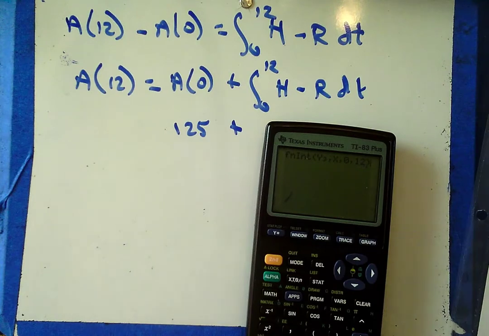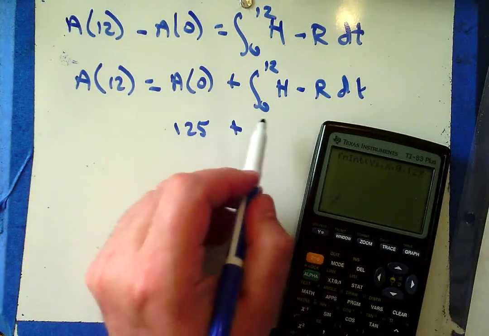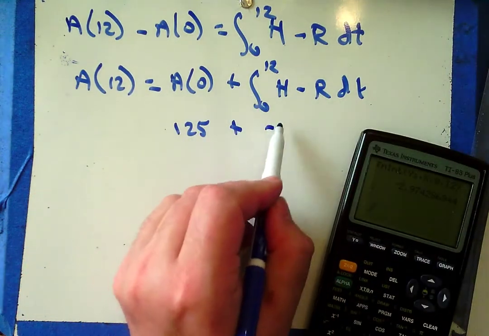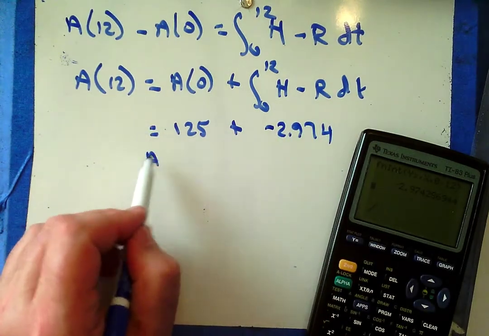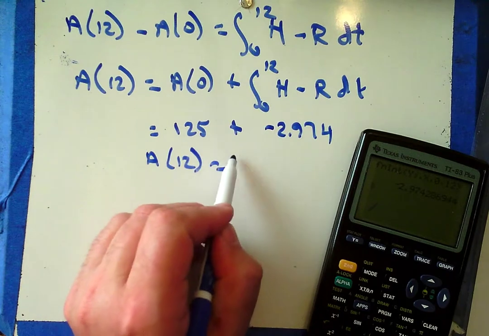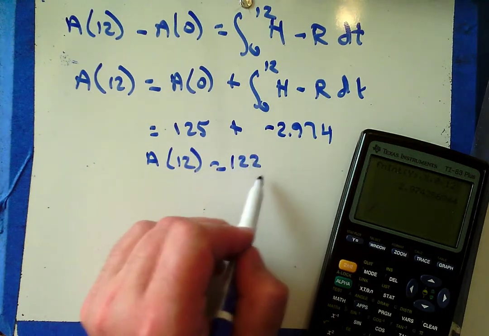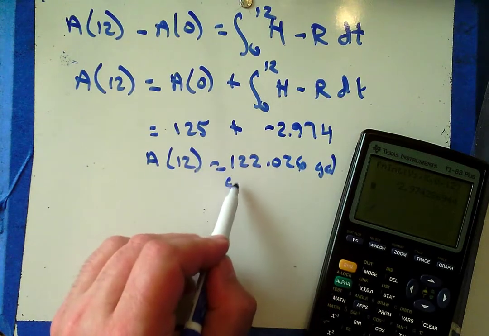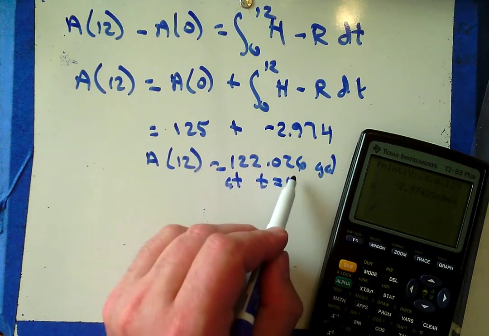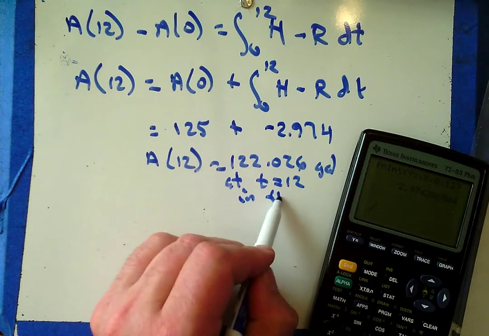Thank you, calculator, for doing all the thinking. And so I get negative 2.974, and so A of 12 equals 122.026 gallons at time equal to 12 in the tank.